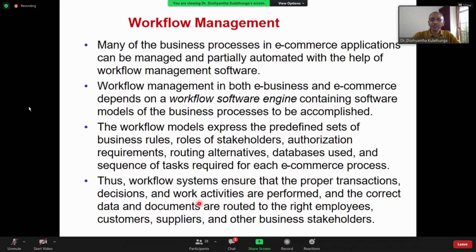So if that is changed due to some reason, again, you need to make the particular change with the help of workflow systems. If there are no products available, then checking the product availability and fulfilling the order is done by this workflow system. The order processing system will check the availability of products, then identify that there are no adequate stocks, so there will be a problem in fulfilling the order.